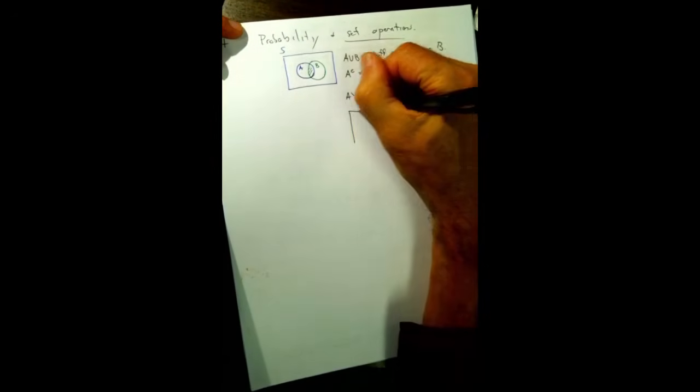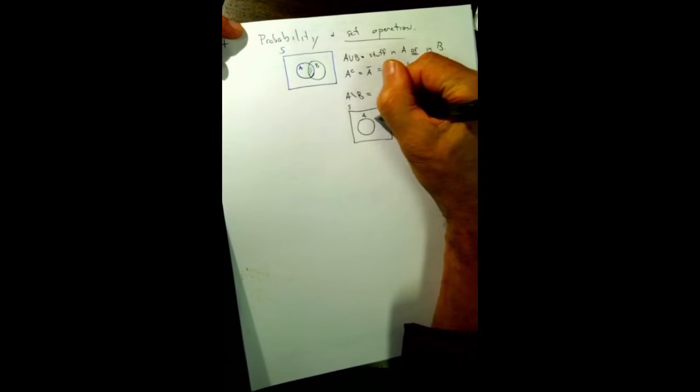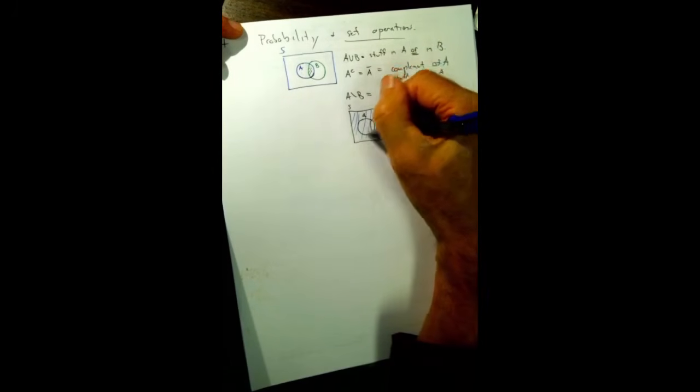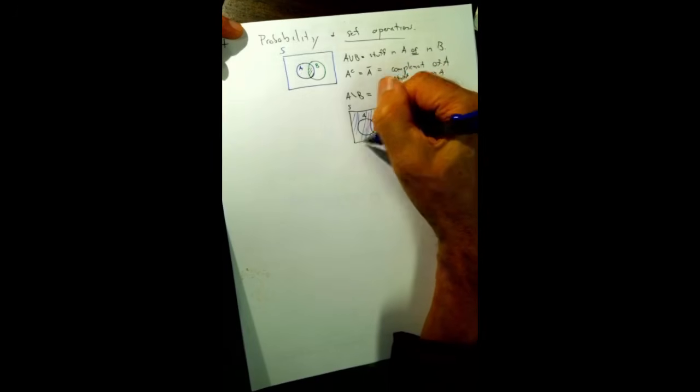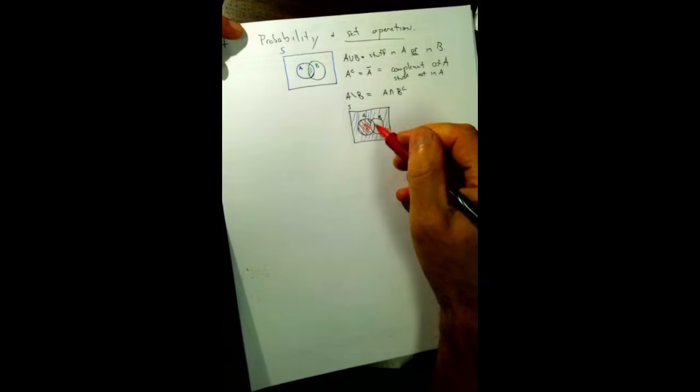So why is that? If this is A and this is B, the complement of B is everything not in B. It's everything outside there. And what's in A is in here, plus this.